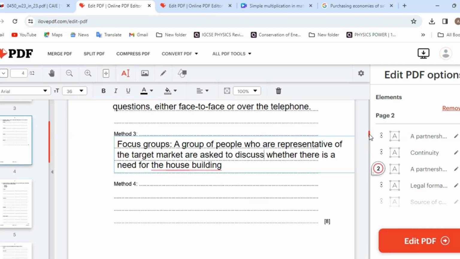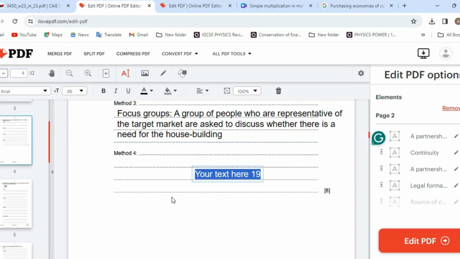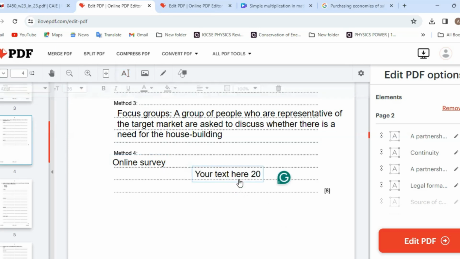Online survey. Of course, online survey is also a primary method used in market research. And this online survey will require a target sample of potential consumers or customers that have physical difficulty to answer the series of questions, but this time around, the questions are answered over the internet.